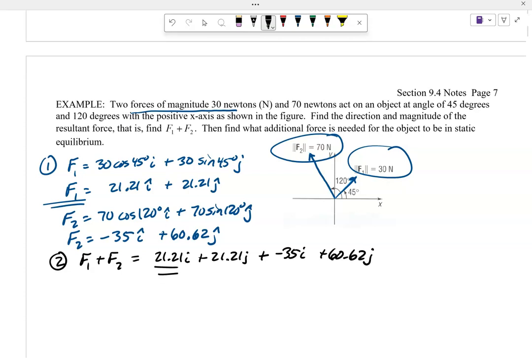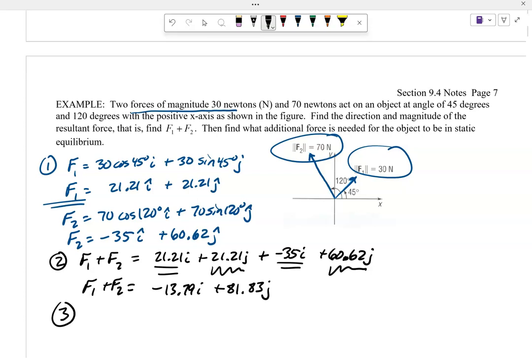So let's combine the i's. Combine the j's. And get negative 13.79i plus 81.83j. Okay, there's our resultant vector.